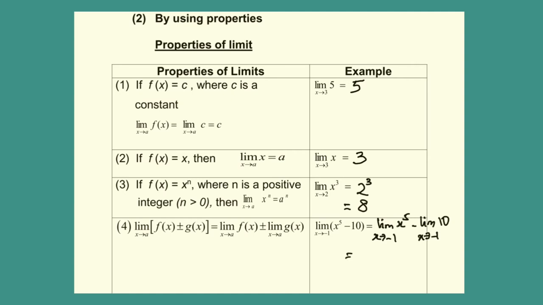This one is property number 3. This is negative 1 to the power 5 minus, this is property number 1, the limit of 10 is 10. The answer is negative 11.